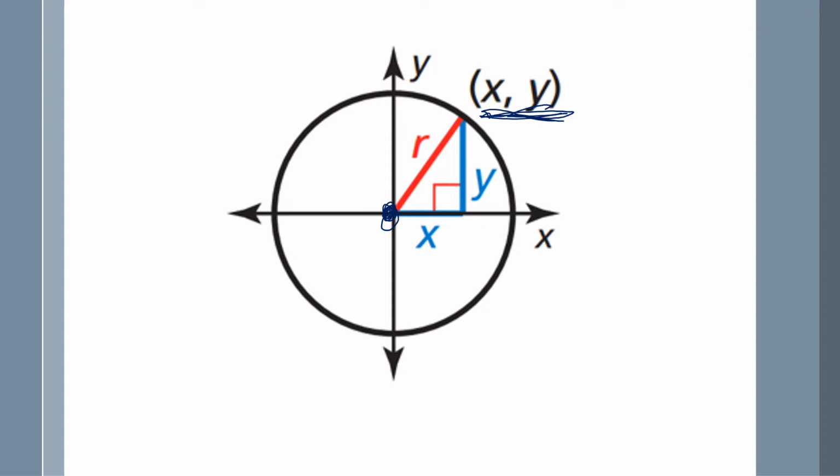But now let's think of the Pythagorean theorem that we know of. R is called what in this case? And we know the three parts of the Pythagorean theorem, right? R, the radius, is the hypotenuse.